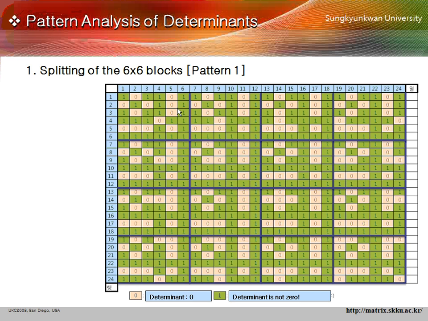So we found the determinant for every size. We marked 0 for the non-singular case. For a singular case, we found 1. We marked 1 on the case where the matrix A is non-singular.